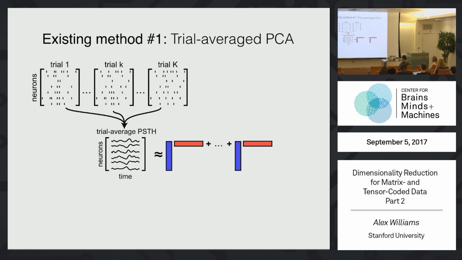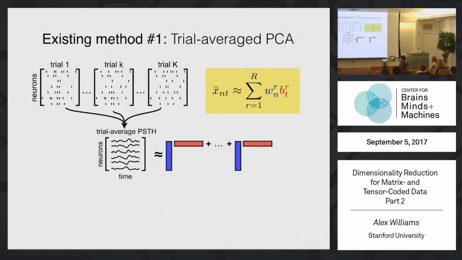So I'm going to call this procedure trial averaged PCA. And this is basically the same equation that I showed you in the first part of the talk, which is that we are approximating the data matrix. This is X bar because it's averaged across trials.